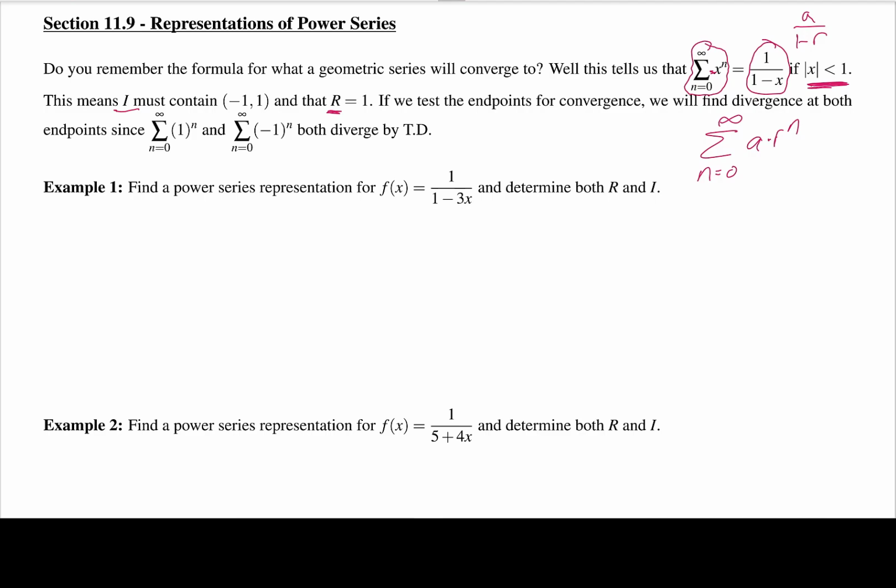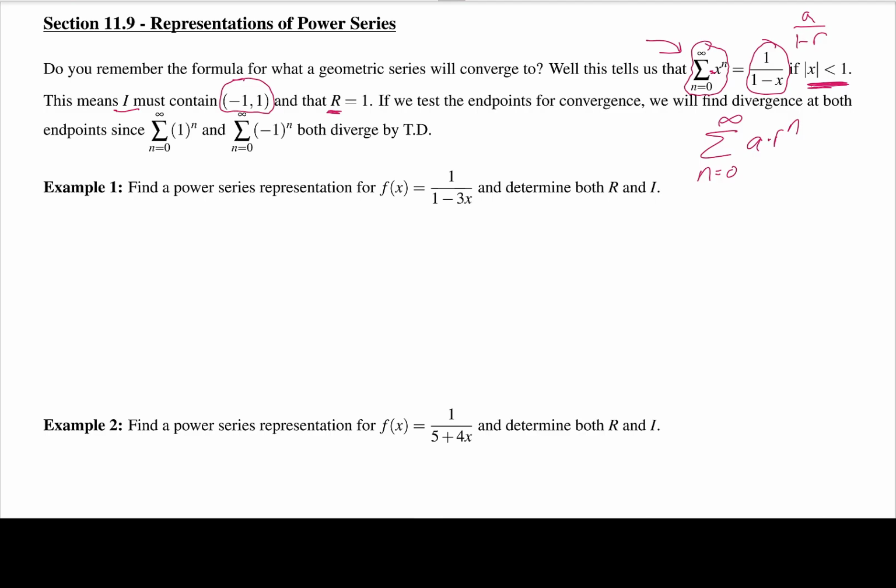So that tells us that the interval of convergence must contain this interval, and that the radius of convergence would be 1. Now, if we test the endpoints for convergence, if we plug in -1 for x or 1 for x into this power series, then we will find divergence at both endpoints, by the test for divergence.